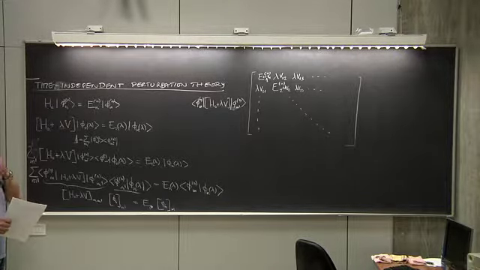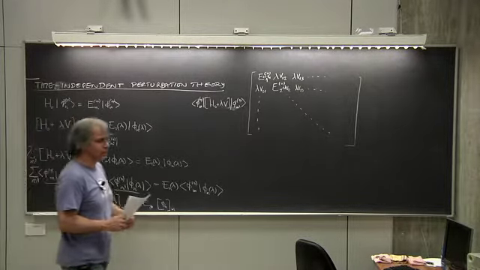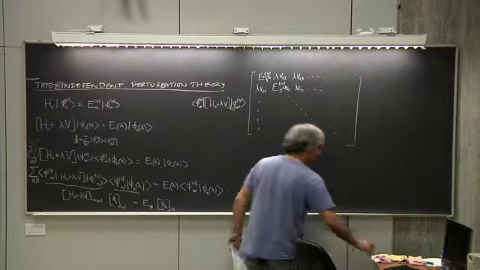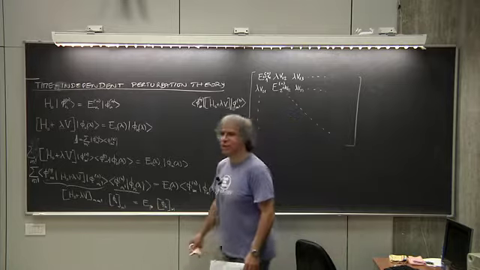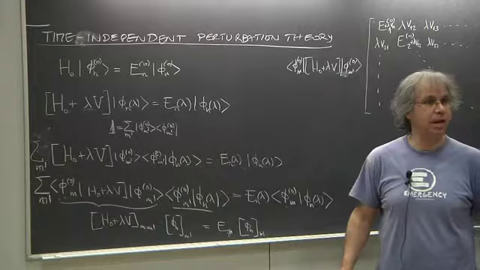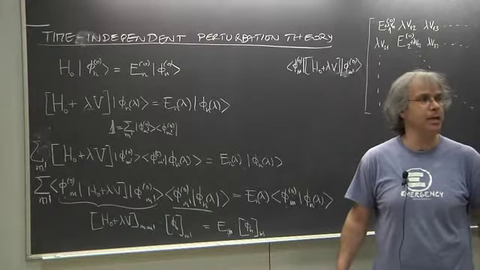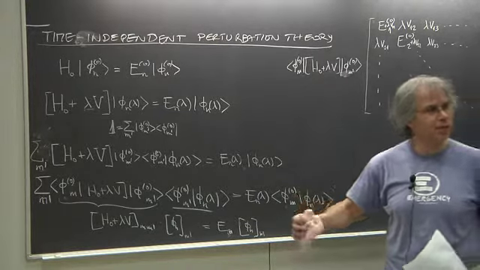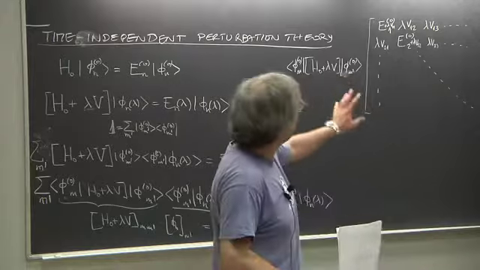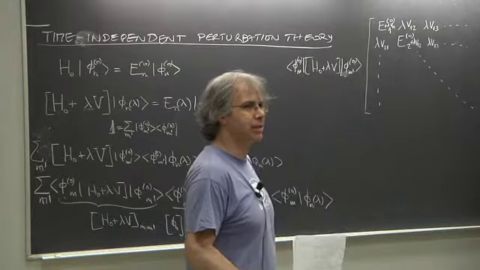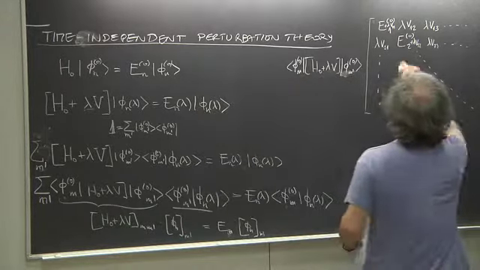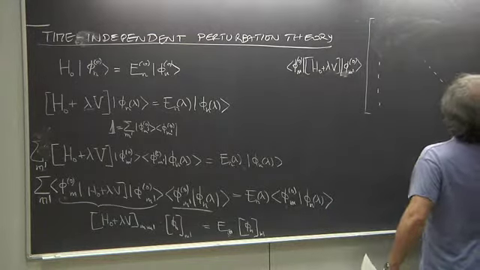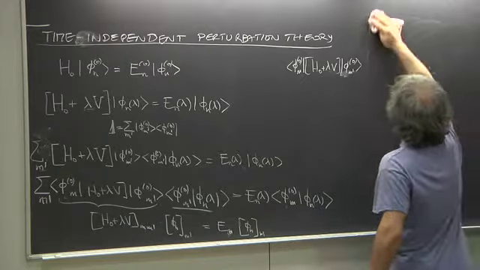So let us consider, to start having some ideas, a simpler problem. Suppose that your Hilbert space, rather than being infinite, as it is in general, and indeed the labels might be even not discrete sometimes, so you should imagine this as a kind of horrendous matrix. Now let us suppose that you have a 2 by 2 Hilbert space that you would like to solve.